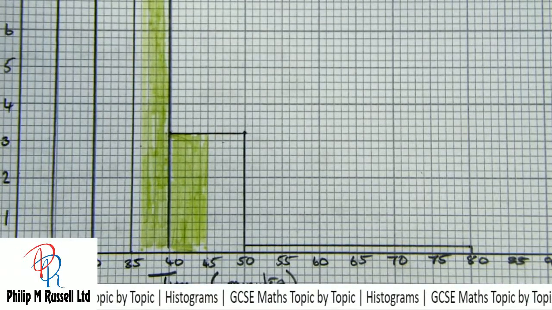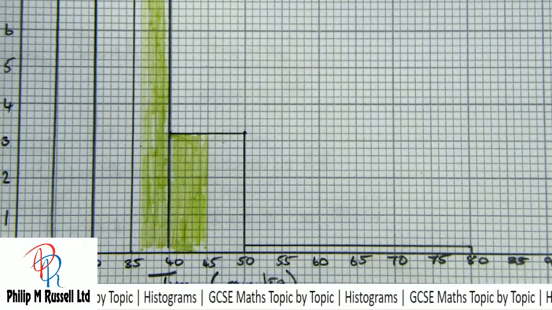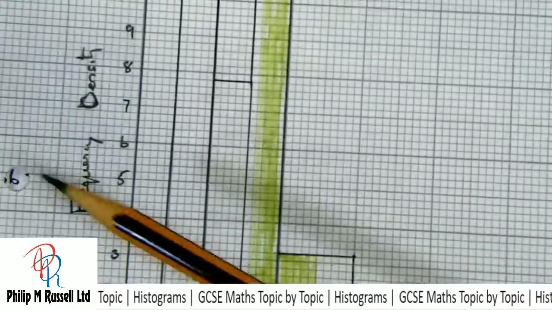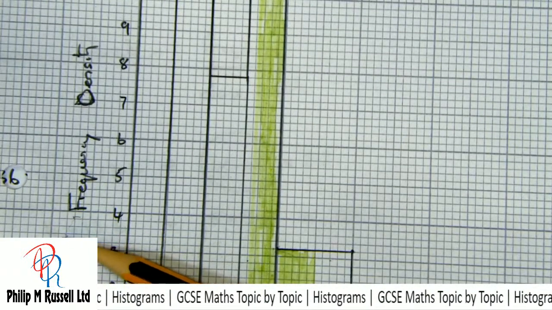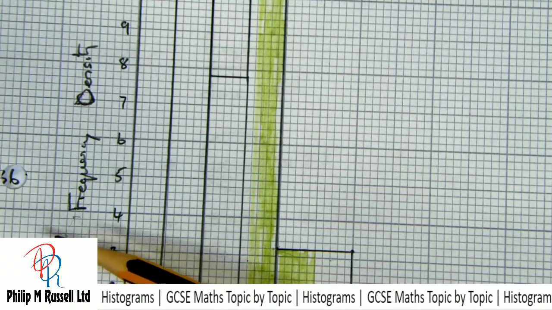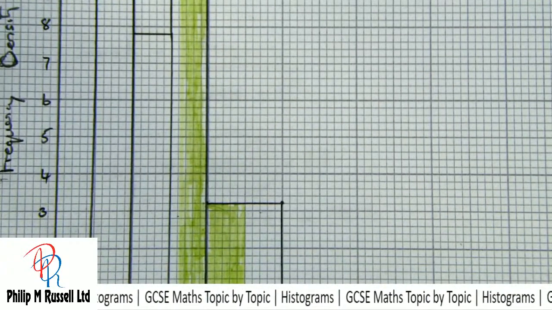So let's try and make sure that we can do these things. The y-axis is always the frequency density. We've got the x-axis with whatever we're trying to look at.